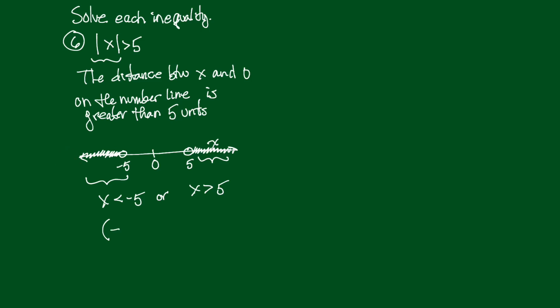So it's going to be -infinity up to, but not including -5, so open parentheses, or we use this symbol here, that's a union sign, or, now what about these x's? These x's go 5 on, but not including 5, so open parentheses around 5 all the way to infinity.